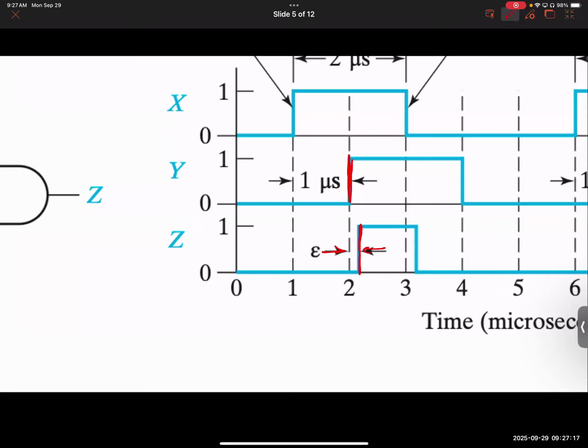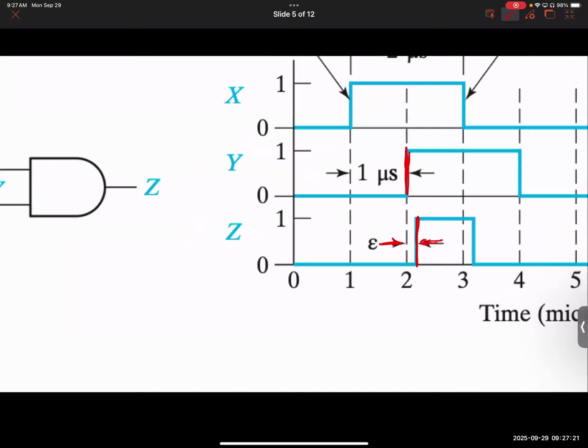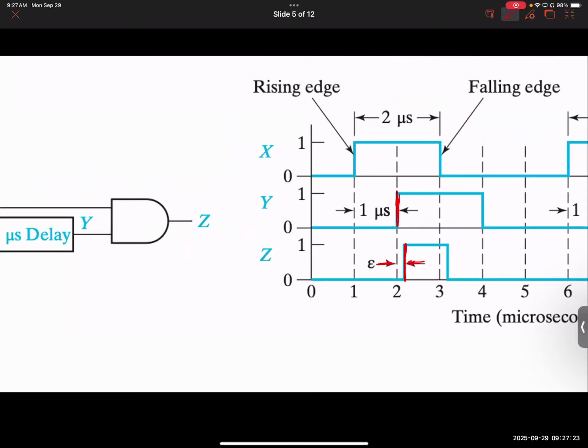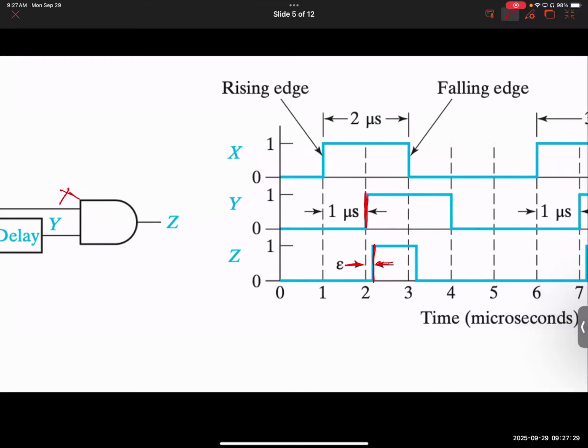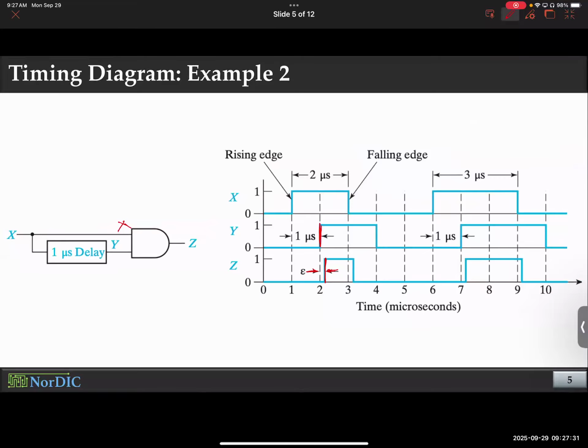All right. Why are we taking the difference between this? Because which of the inputs is the limiting factor? Can anybody tell me? Between X and Y, which one of these is the limiting factor, folks? Why do you think so? Because Y arrives late. So X is already ready to go.